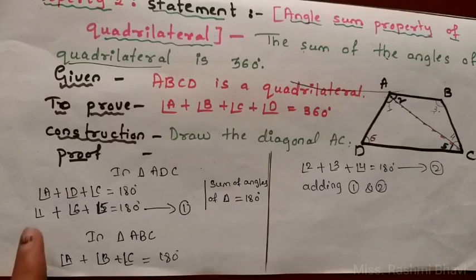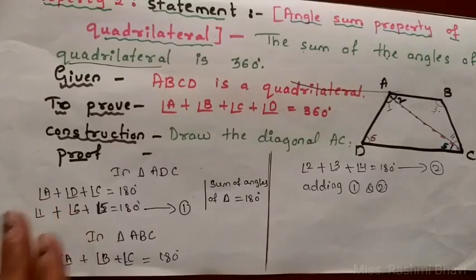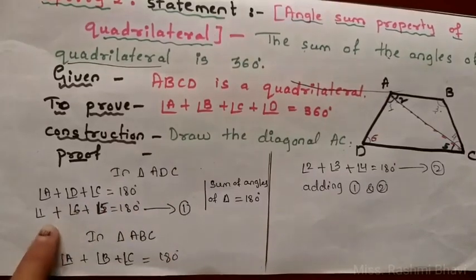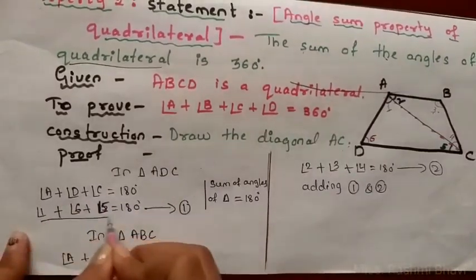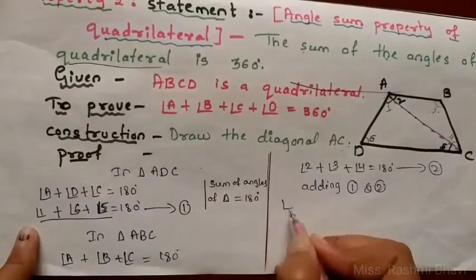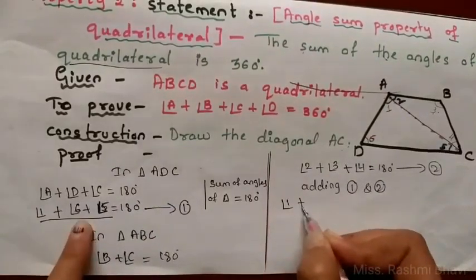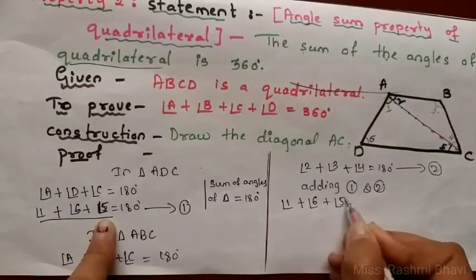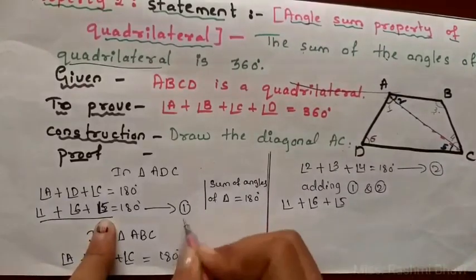First we add only the LHS part, next we add the RHS part separately. Equation 1, LHS means left hand side. The left hand side of equation 1 is angle 1 plus angle 6 plus angle 5.